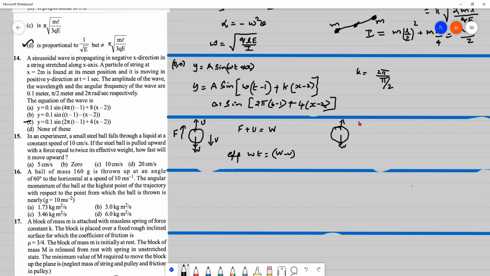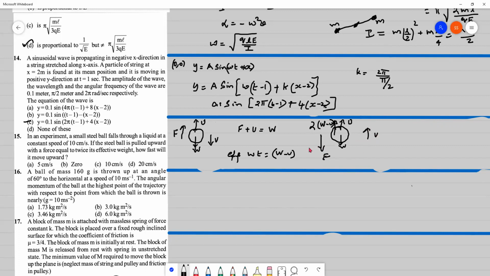This one is U, and you are pulling it upward with 2 times the effective weight, W minus U. But the viscous force will be downward now. Now here you can write for equilibrium, and it is moving up with the same terminal velocity v.